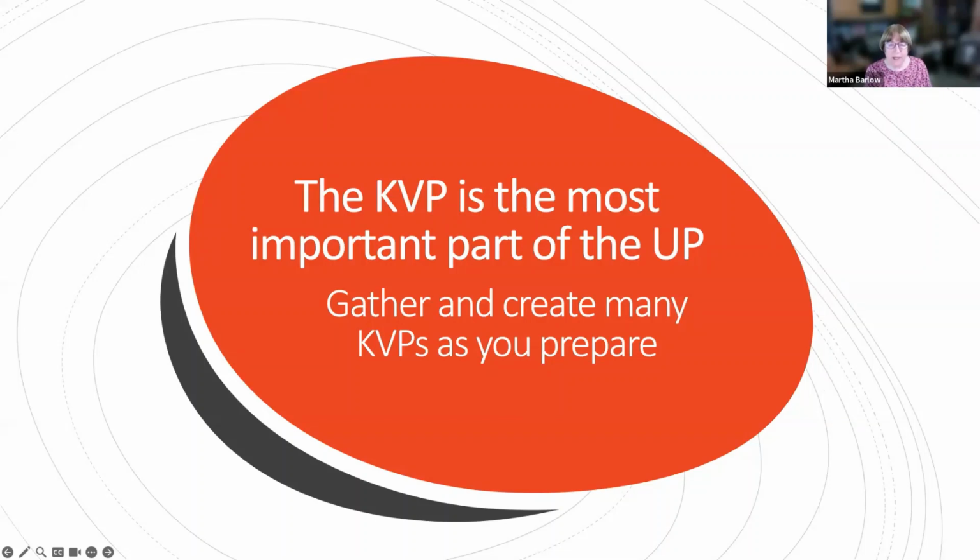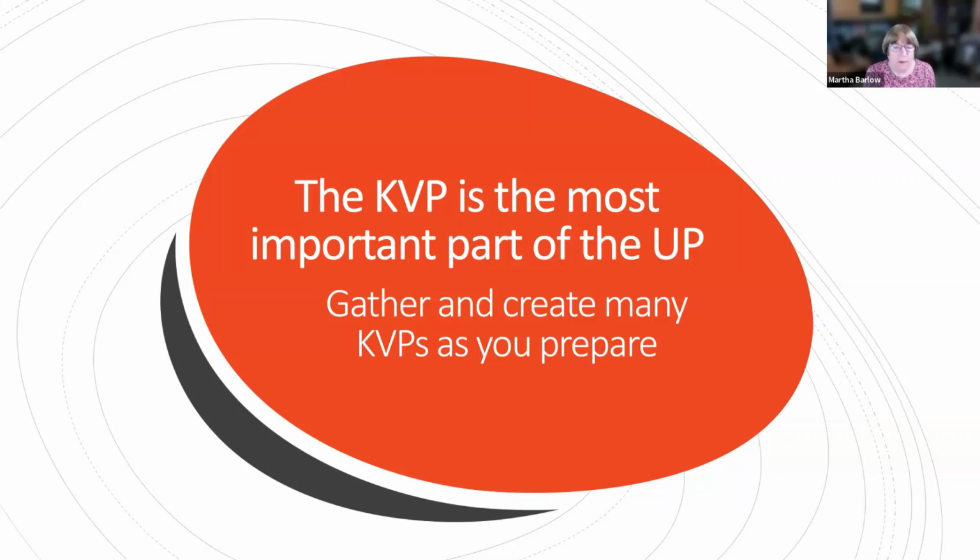It's a great idea to gather and create many KVPs, the middle part of the underlying problem, the key verb phrase. Usually when we're training coaches, we start calling this an action goal. We want an important action goal. Important means key, and an action is a verb phrase.